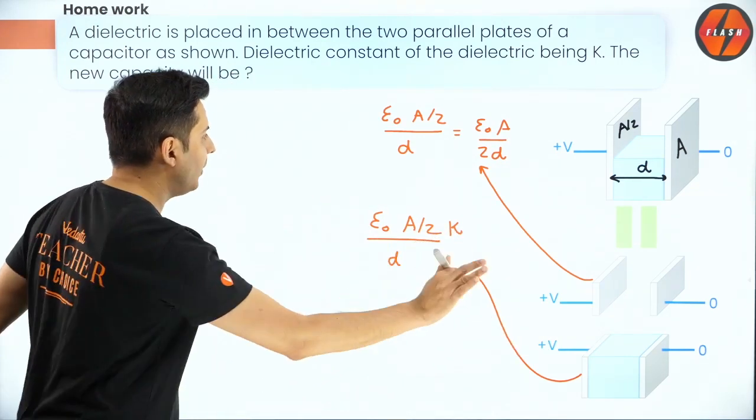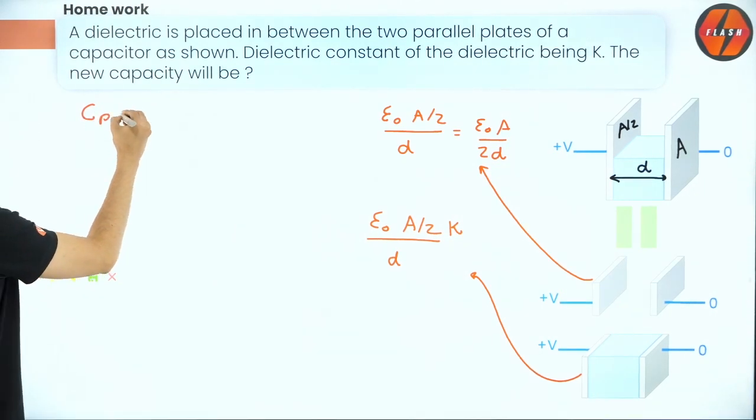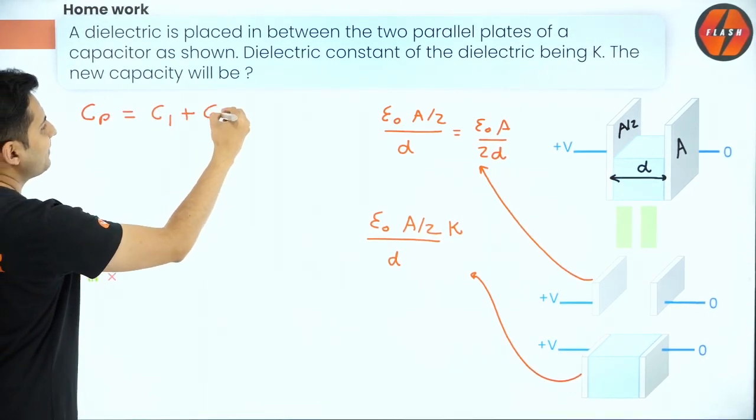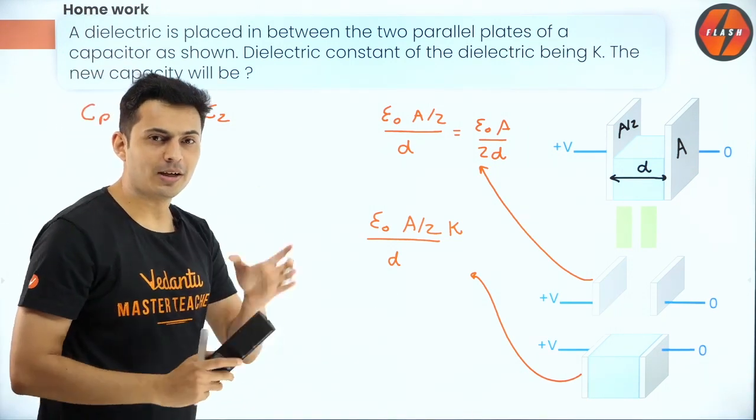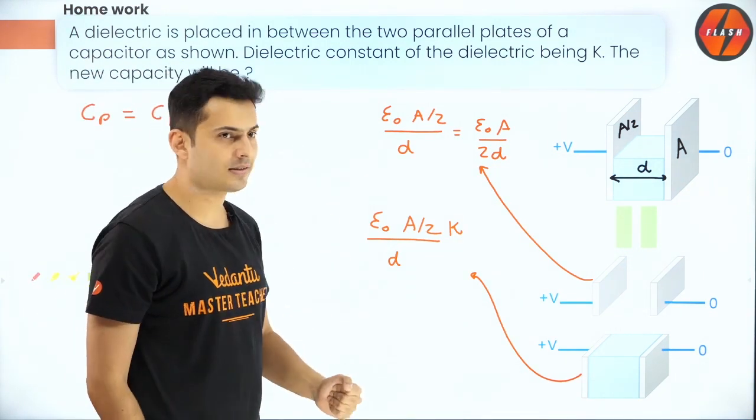Now capacitance in parallel, the equivalent is given by C1 plus C2. Understand the formulas are exactly opposite to the ones used in resistors.